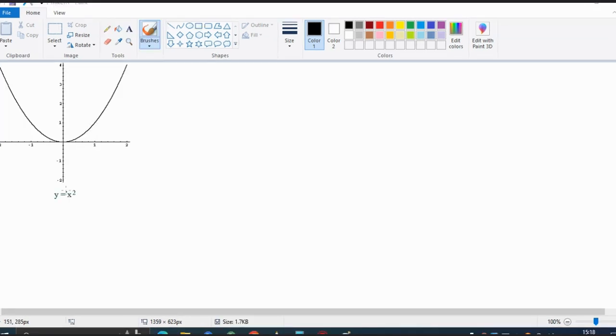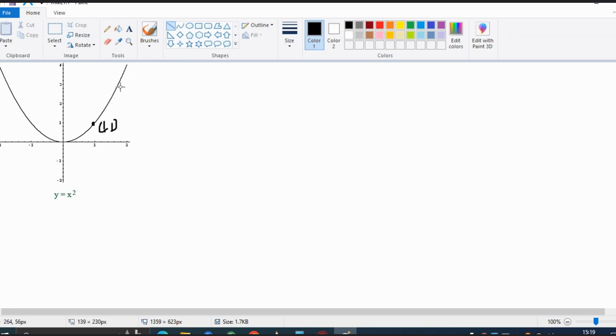Here I have a graph of y equals x square. So this coordinate is just 1, 1, and this coordinate is just going to be 2, 4. And as usual, you can find the average rate of change of y with respect to x by doing 4 minus 1 divided by 2 minus 1.